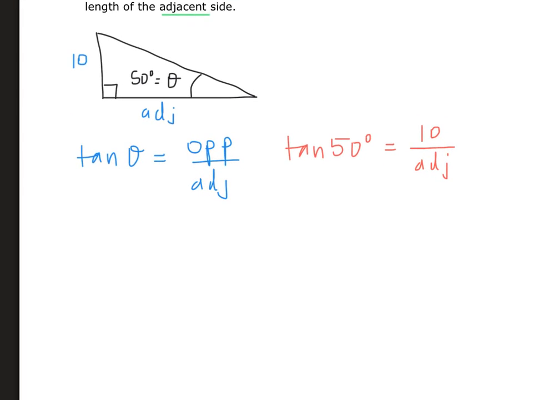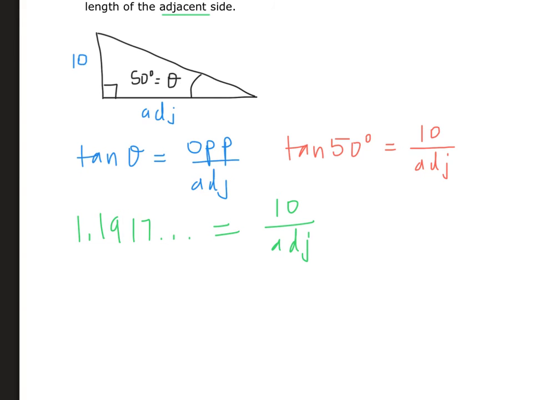We are going to use our calculator. Tangent of 50 is 1.1917, and then it doesn't terminate or repeat, but we know that that's equal to 10 over the adjacent side.